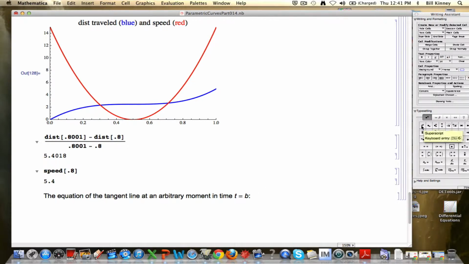You've got to recall the equation of a line. You can either write it in slope-intercept form or point-slope form, and the way I recommend thinking about things in point-slope form is like this.